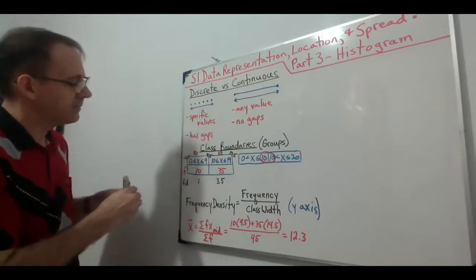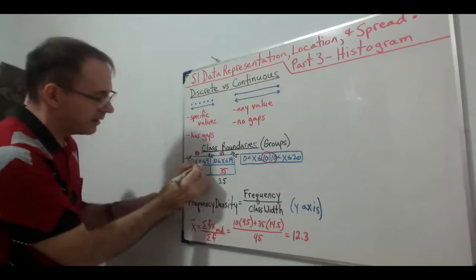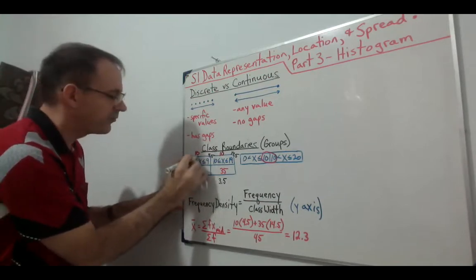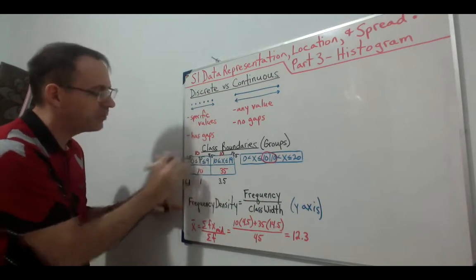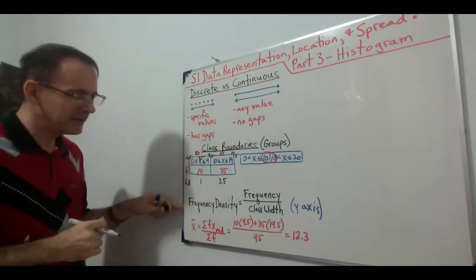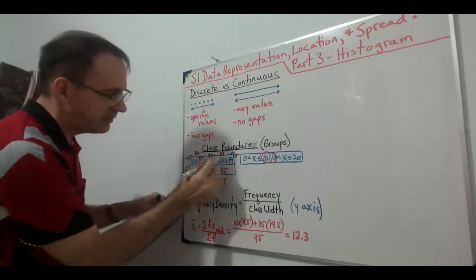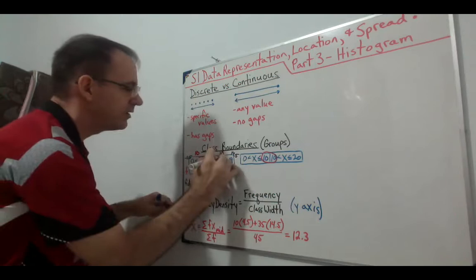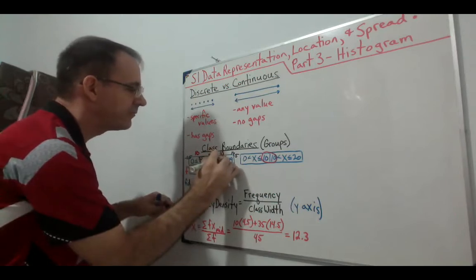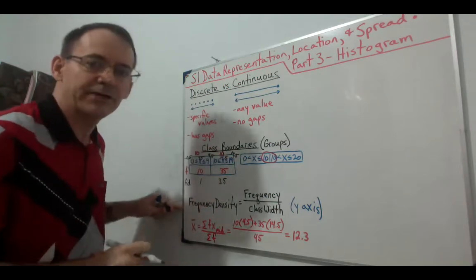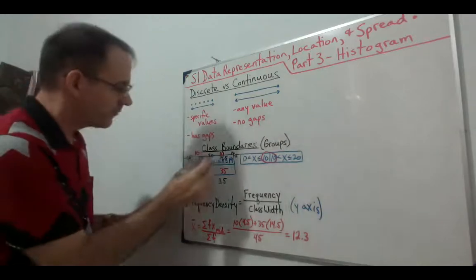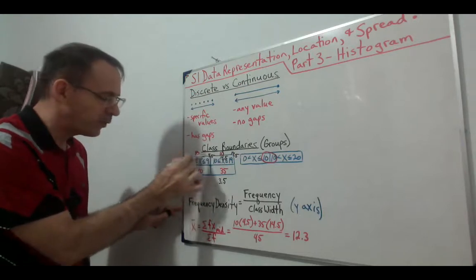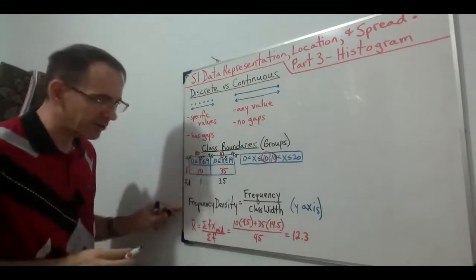So if we take the mid-class value, 9 plus 0 is 9, divided by 2 is 4.5. So 4.5 is our mid-class value. 19 plus 10 is 29, divided by 2 is 14.5. So 14.5 is the mid-class value of this group, and 4.5 is the mid-class value of that group.